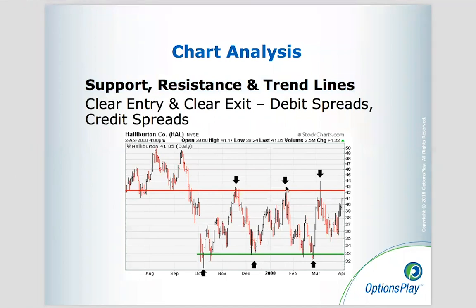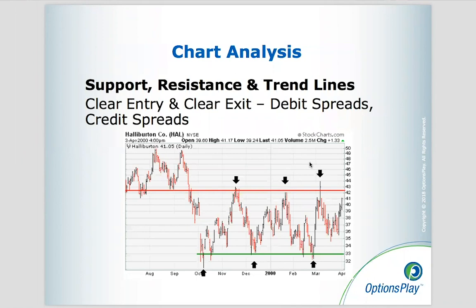The other way you can trade this is you can simply trade a credit spread. This is really where you may simply feel that the stock has reached the top, but maybe you're not sure that it's going to go all the way back down to 33. You just think that it's not going to continue going any higher. If that's the case, you can sell a credit spread. You can sell a $43 or $44 call and then buy back a higher call, a $47 or $48 call.